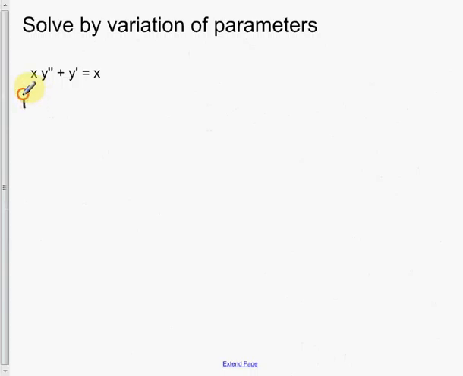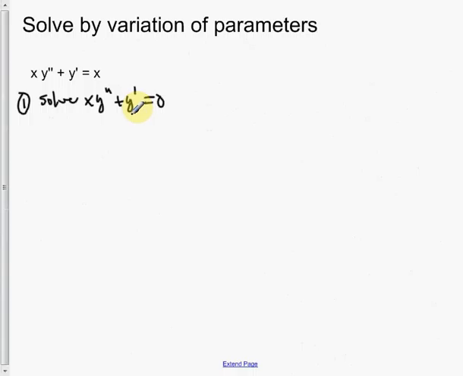So we solve this in two parts because it's non-homogeneous. So we first solve x times y double prime plus y prime equal to 0. Is it Cauchy-Euler? Yes, it is. You say, well, if it's y double prime, how come we don't see x squared? And if it's y prime, how come I don't see an x multiplied to it? Really, it is there. They just factored it out.